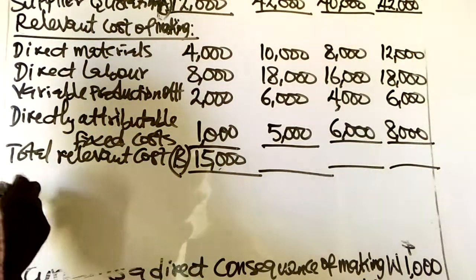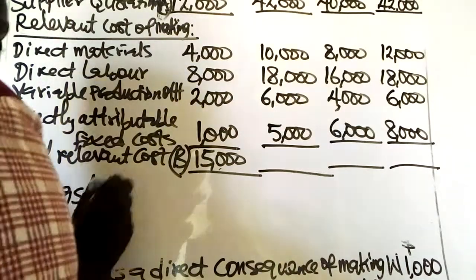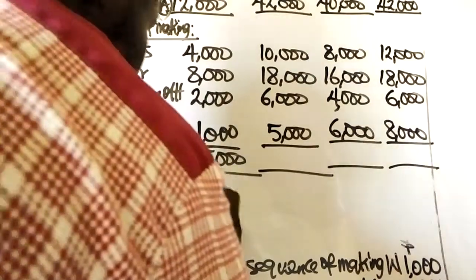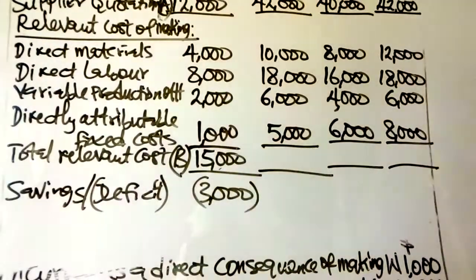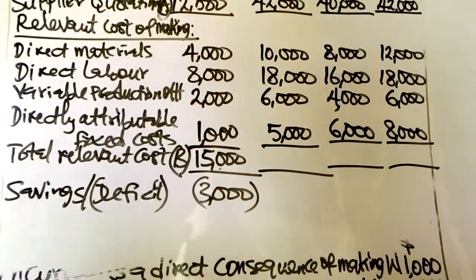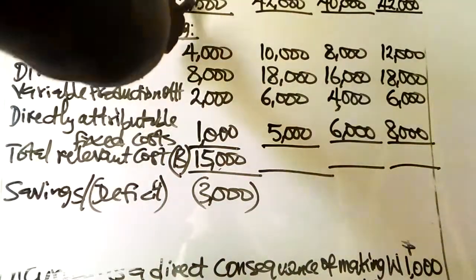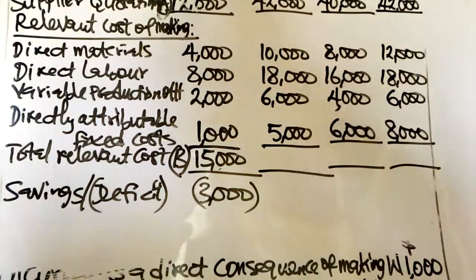That means there will be a deficit of 3,000 negative. The relevant cost of making exceeds what the supplier is willing to offer for the same product. Therefore, the product should be bought. They should buy product W.